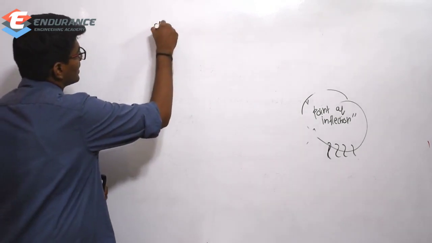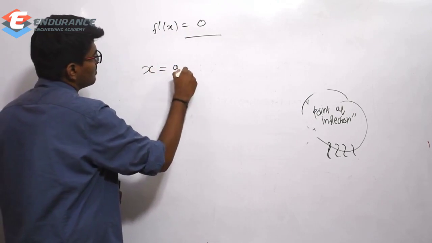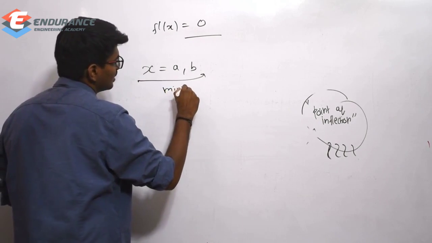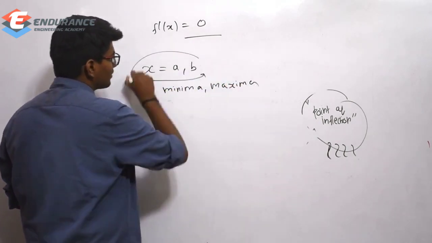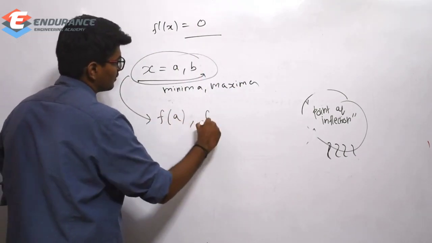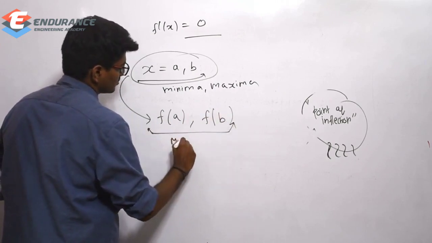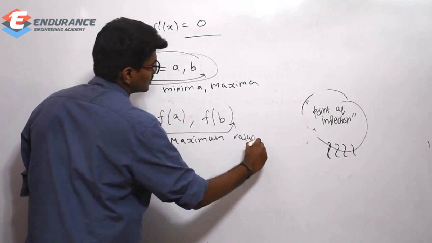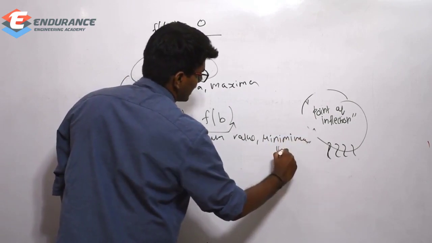When I equate f dash of x equal to zero and find some values a, b, these a, b values will be my minima or maxima. Once after finding whether it is minima or maxima, if I substitute it in f of a and f of b, this will be my maximum value and minimum value.